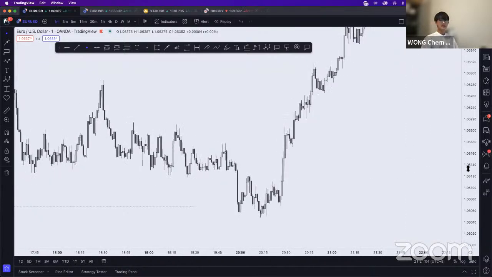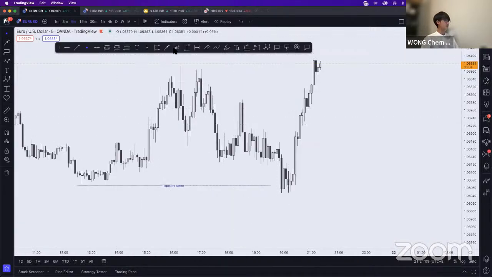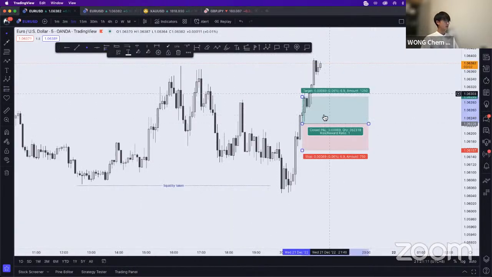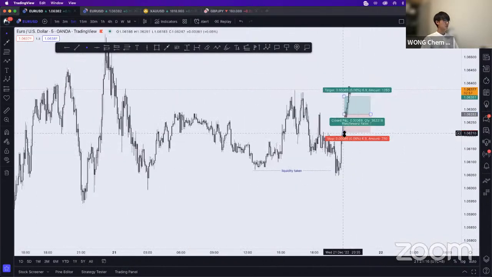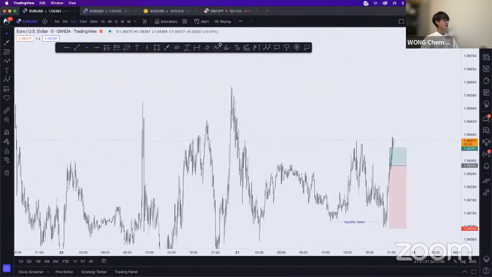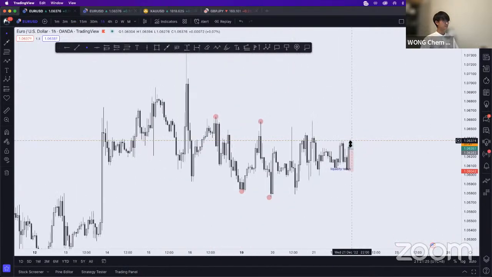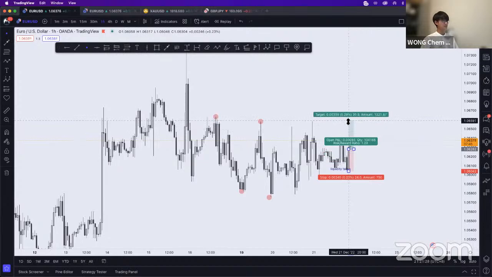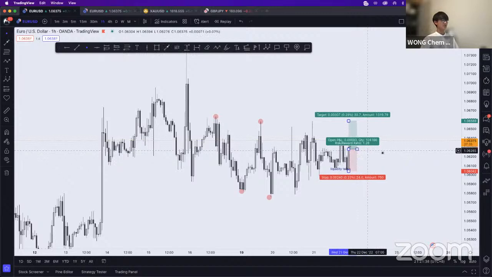If you entered a trade, say half at the midpoint here or even higher, it would be safer for our stop loss to be all the way down, in which case our risk to reward would not be that favorable. If we are looking for a trade here, where will our take profit be? If it's this high over here, the risk to reward will be about 1 to 2.8. That would be decent, but not the best.